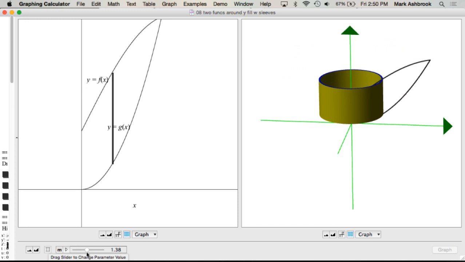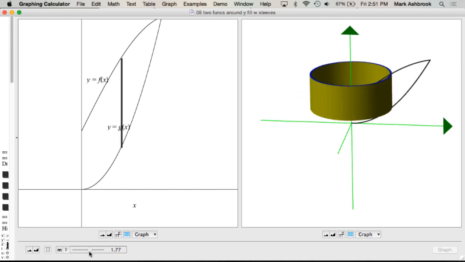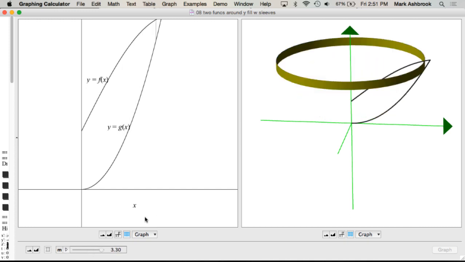Your radius would simply be the distance from the y-axis to the curve, which is x. Your radius will be x. Your height will be f of x minus g of x. Smooth sailing or problems? Smooth sailing. What about if we do delta y intervals?